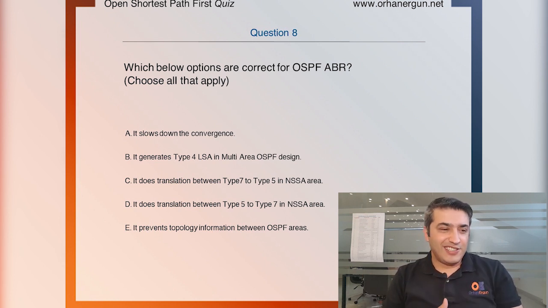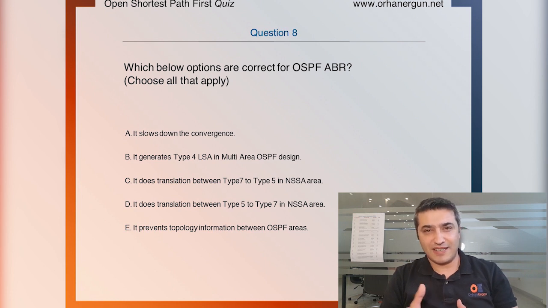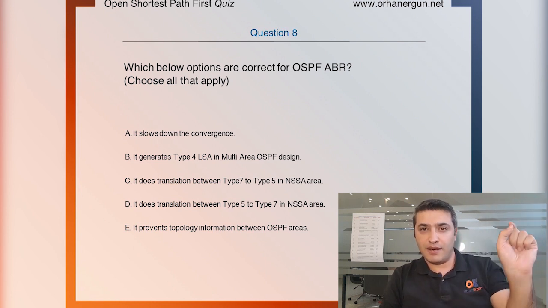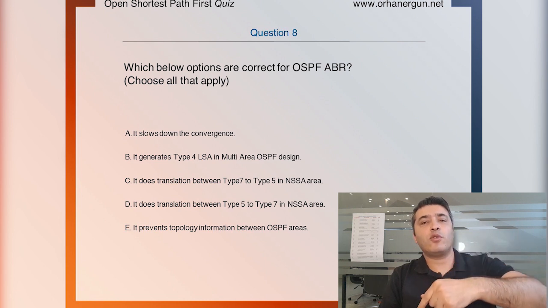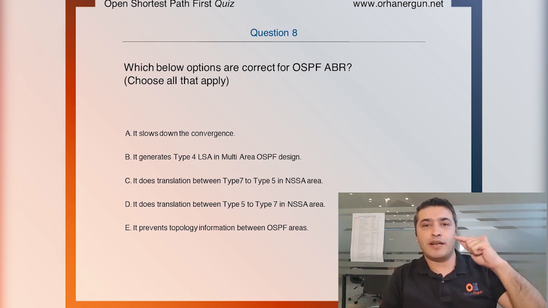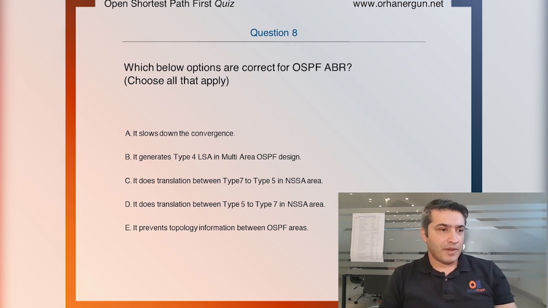Another one, it generates type 4 LSA in a multi-area OSPF design. I just explained type 4 LSA. Yes, the ABR generates it by looking at the type 1 LSA of the ASBR, and it sends the type 4 LSA into other areas. Why? For the ASBR reachability. Next, it does translation between type 7 and type 5.